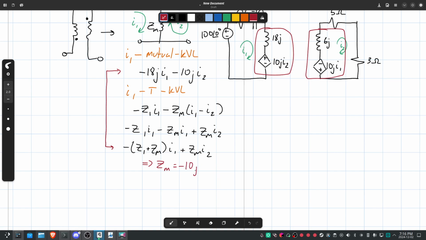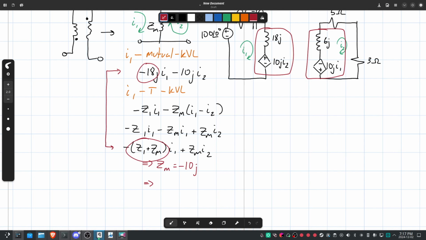Everyone follow this? Everyone understand how we got negative 10J here? All right, perfect. So we now know that ZM is negative 10J. Therefore, we can figure out Z1 because all of this is supposed to be equal to negative 18J.